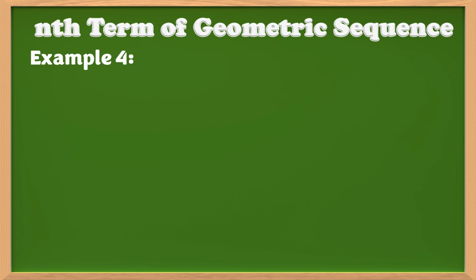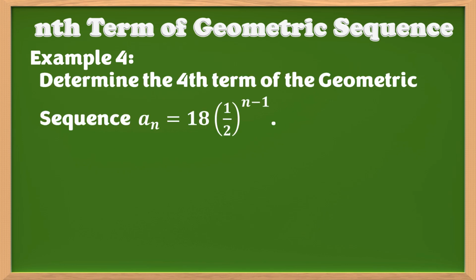For example number 4, determine the fourth term of the geometric sequence a sub n is equal to 18 times 1/2 raised to n minus 1. So here in example number 4, the value of n is 4. So we're going to change the value of n into 4.